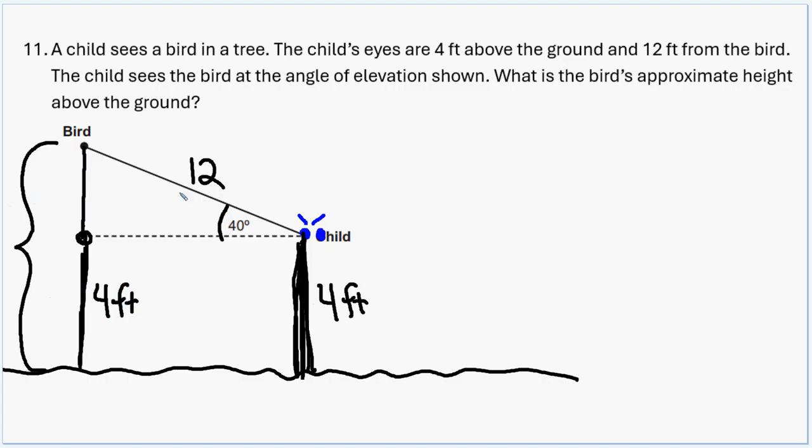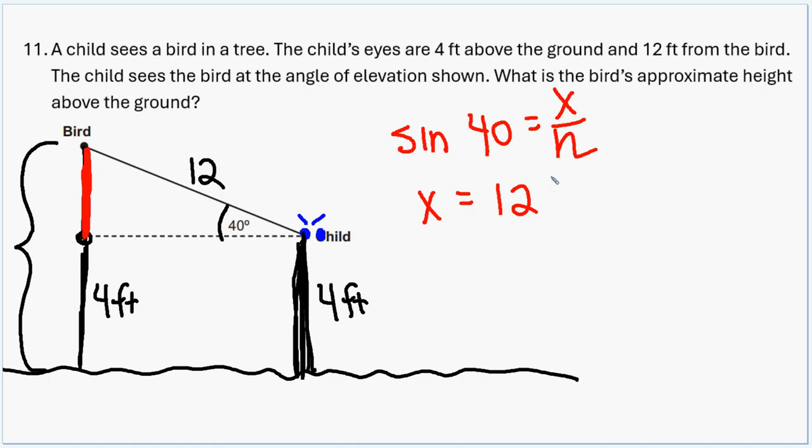So for the overall height, it looks like we're going to have to find this red side. And from the 40-degree angle's perspective, the red is opposite. We have the hypotenuse. Opposite and a hypotenuse means sine. The sine of 40 equals x over 12. So we're going to multiply both sides by 12.